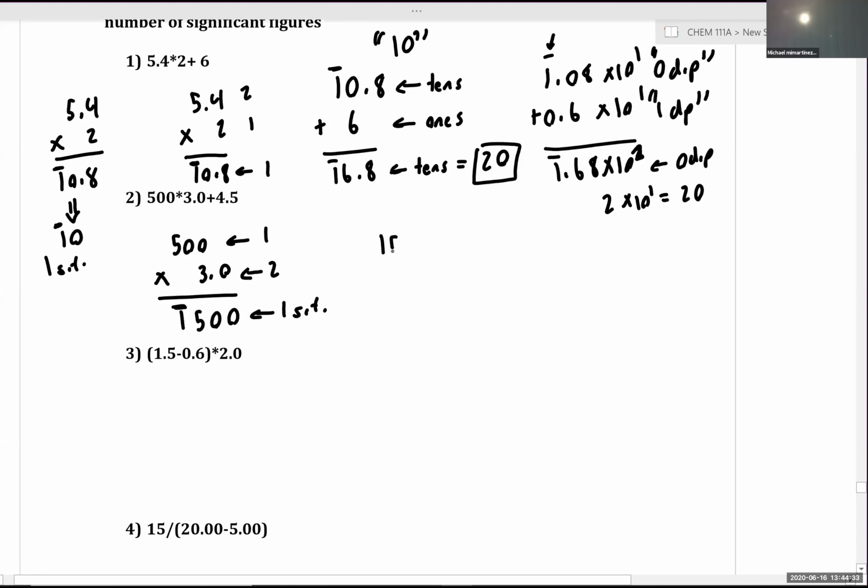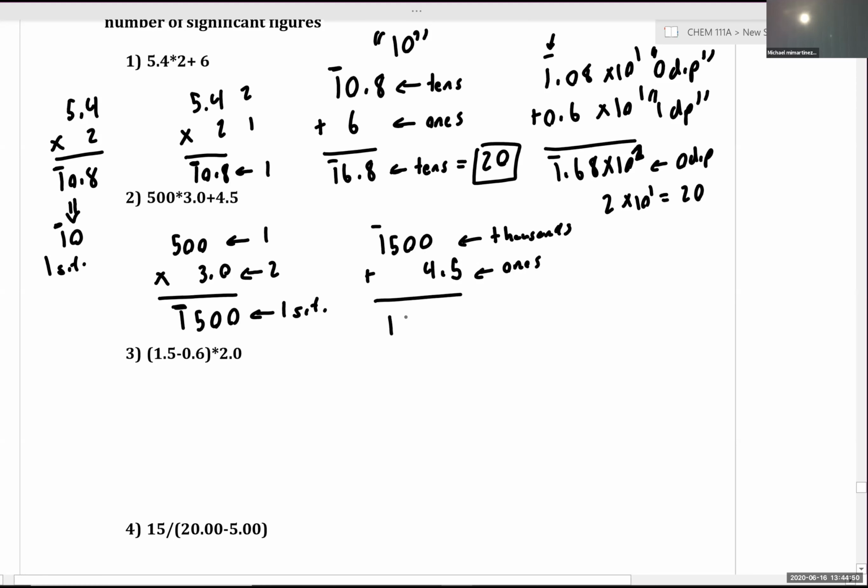Now we take 1,500 and we add 4.5. So we have a significant digit in the thousands place, and we have a significant digit in the ones place.